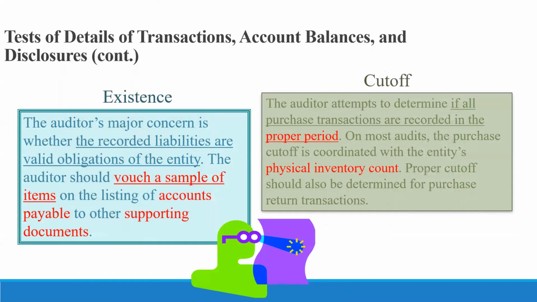And when you get evidence for existence of the purchase and also the payables, vouching would be the right procedure we are going to follow. Compared to tracing, which goes from the beginning step to the later step, vouching goes backwards.